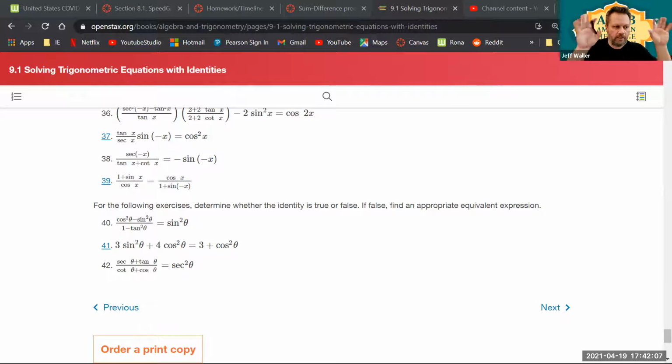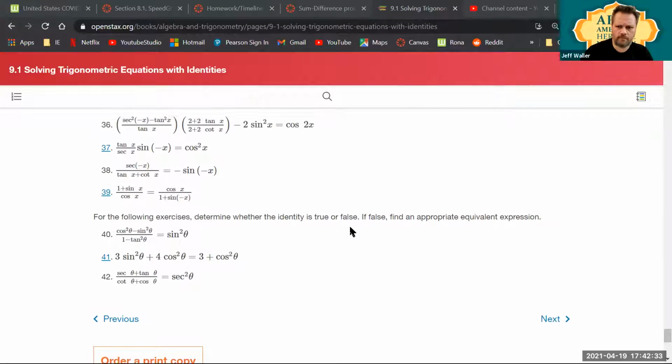What's the most immediate thing we can take care of that we just talked about a minute ago? Odd function. What's sine of negative x? Sine of x.